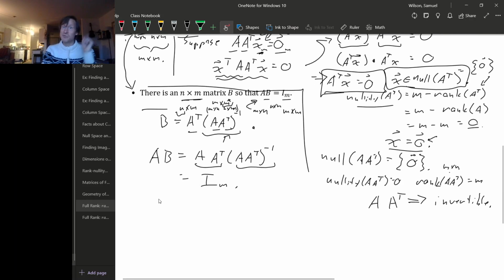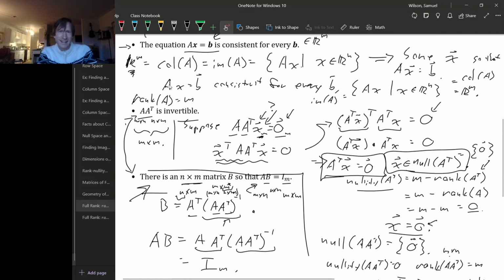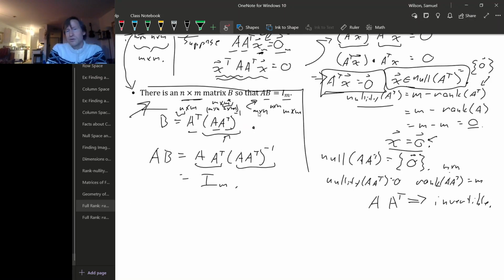All right, now we have one thing left to prove, which is that this last condition implies that the rank of A is M. Or actually, what we're going to prove is this condition, that this matrix is consistent for every B. Okay, so suppose that for our matrix A, there is a matrix B so that this product is the identity.